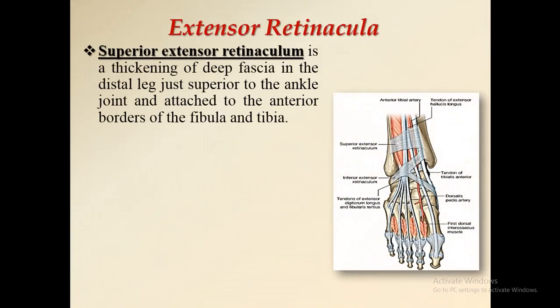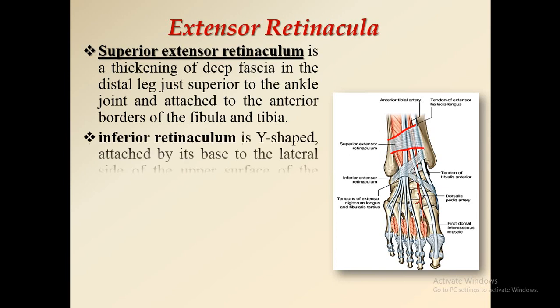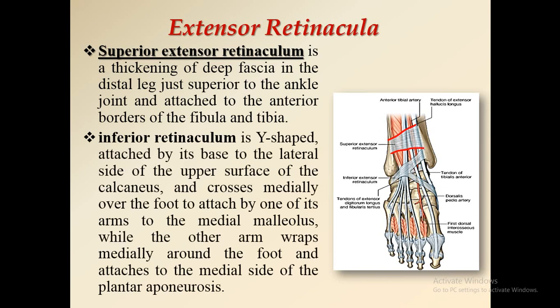Extensor retinacula, we said there are two extensor retinaculum, one upper and the other lower. Superior extensor retinaculum is a thickening of deep fascia in the lower part of the leg, before we reach the ankle joint, above the ankle joint, attached to the anterior borders of both tibia and fibula. The second is the lower or inferior extensor retinaculum, which looks like a Y shape, with one lateral arm and two medial arms.